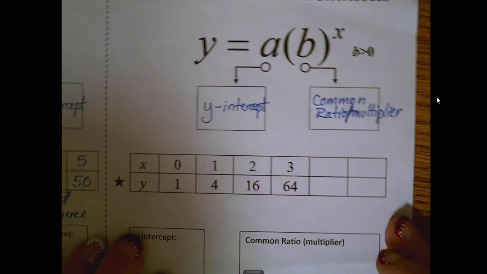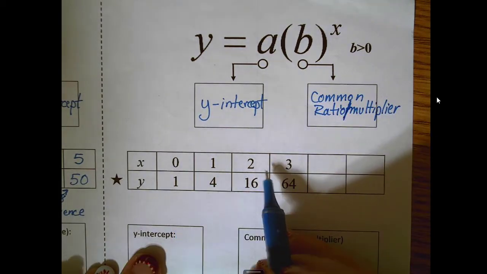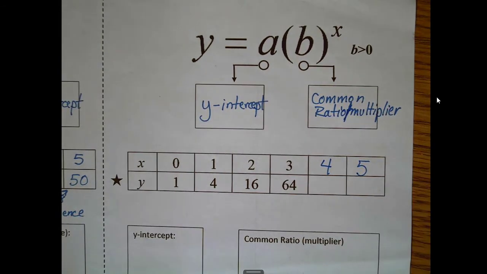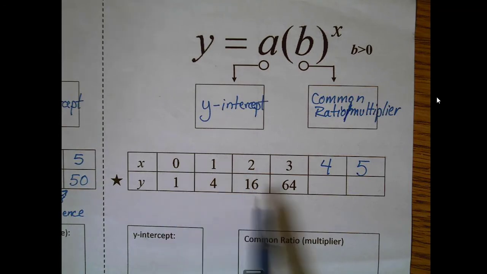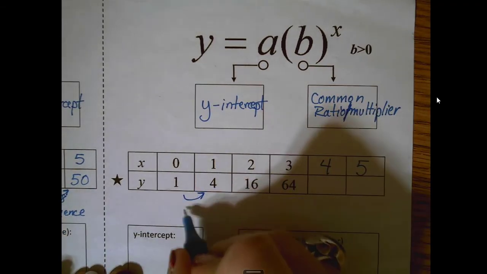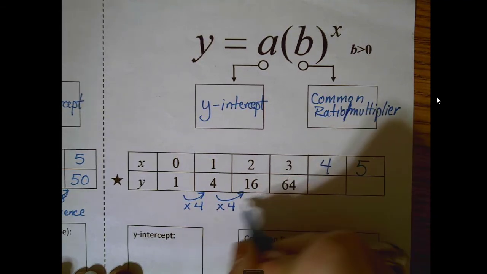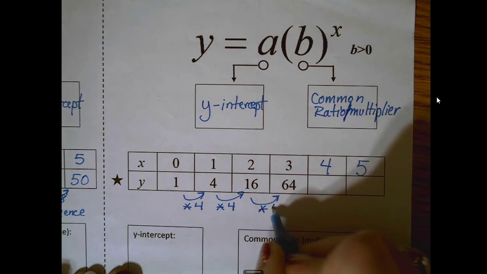So let's see what happens in this chart. Again, your x values are increasing by 1, so I can fill those in. But this time, we're looking to see what we are multiplying by. Well, we're going from 1 to 4, 4 to 16, 16 to 64. I believe the pattern is multiply by 4. I think that's going to work for us. And let me make that a star just so you know it's multiply.